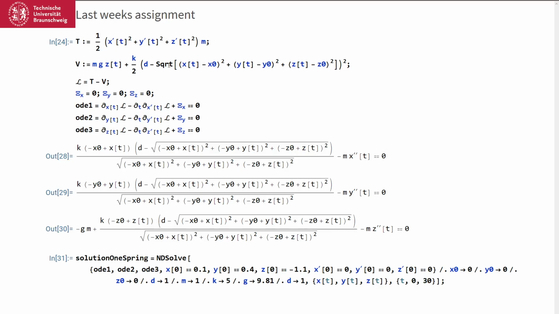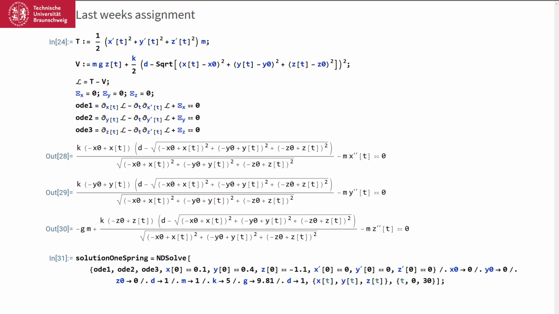Good. And the square root of the difference between position 1 and position 2 obviously is the length between them. So assuming no dissipation, this is why xc is 0, and then we have 3 coordinates, and taking the Euler-Lagrange equation gives us 3 ordinary differential equations that we can solve with NDSolve, given some parameters for the mass, spring constant and gravity.